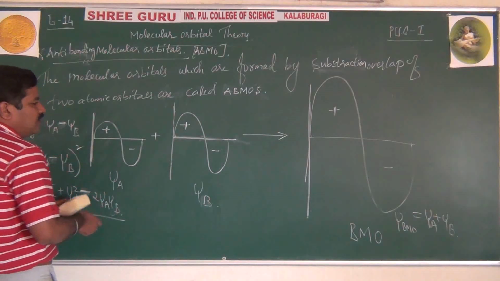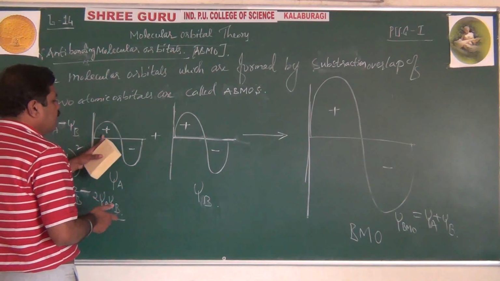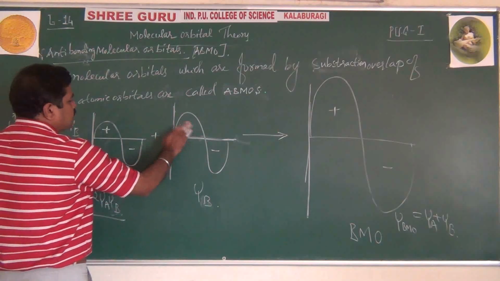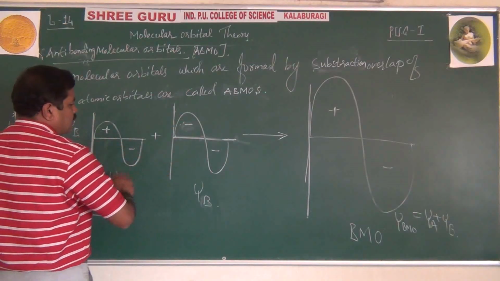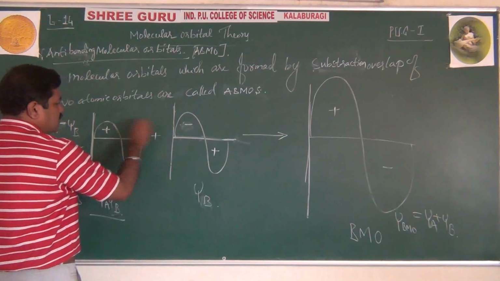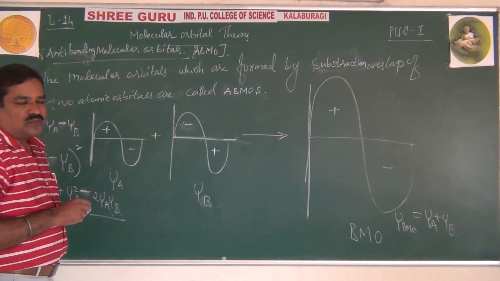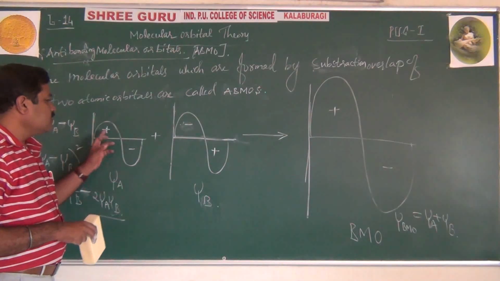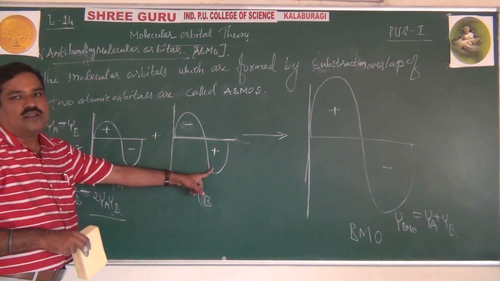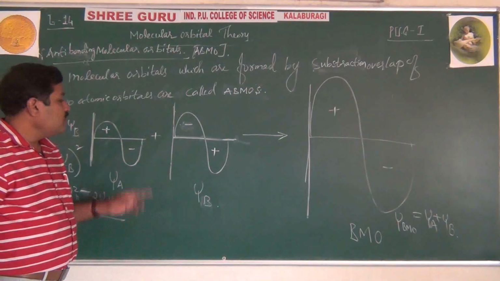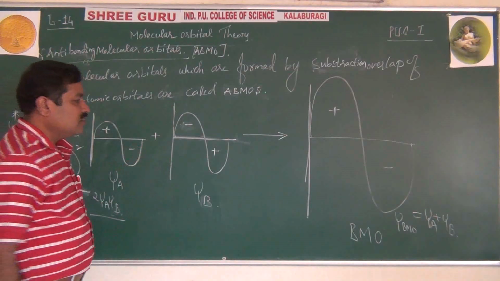Now for antibonding molecular orbitals, the lobe signs should be opposite: plus, minus. For bonding, the signs of the lobes should be the same. For antibonding, the signs of the lobes should be different. This is also very important. This is called proper orientation.